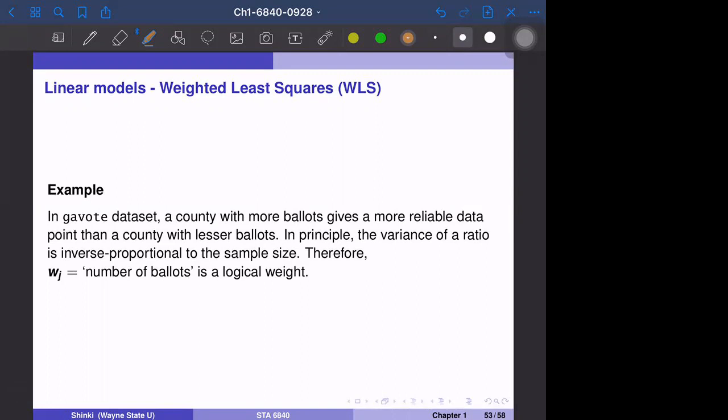An example is from our data set in this chapter. In the Georgia vote data set, a county with more ballots gives a more reliable data point than a county with fewer ballots. Think about the undercount. We have some factors which affect undercount, maybe the percentage for Gore.